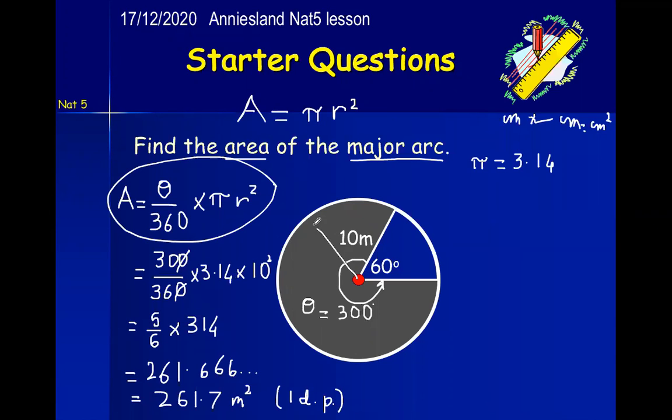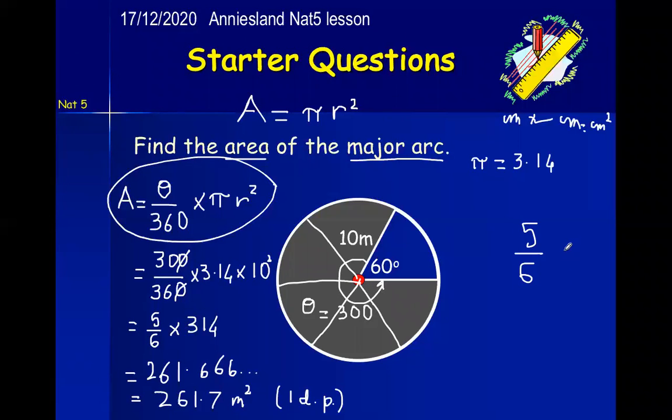There's another one there, another one there, another one there, and another one there. So how many 60 degrees have I got in total? 1, 2, 3, 4, 5, 6. And my major arc is 5/6 of the full circle.